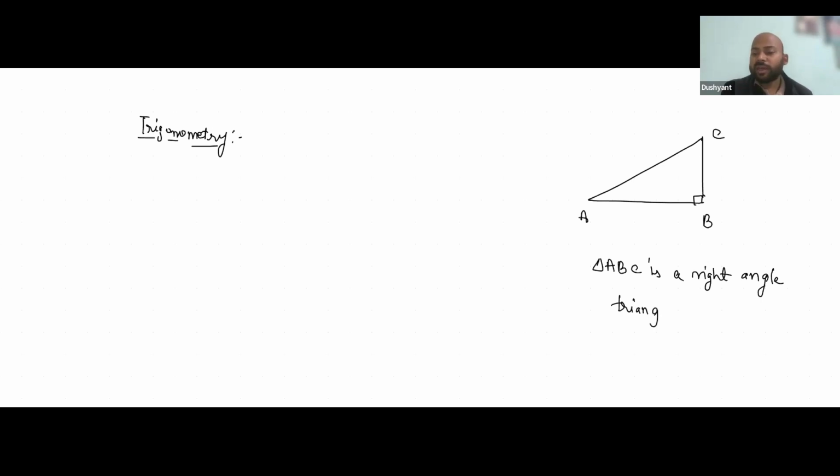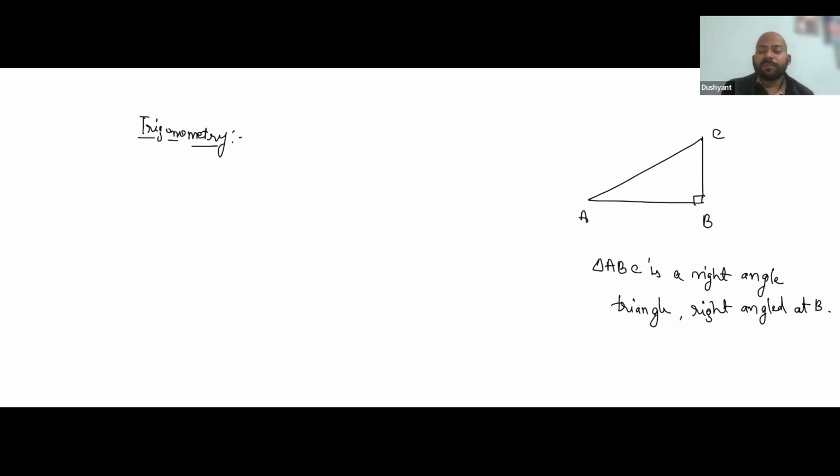So if I take a triangle, that's my right angle triangle, A, B, and C. So triangle ABC is a right angled triangle, right angled at B here. Correct?